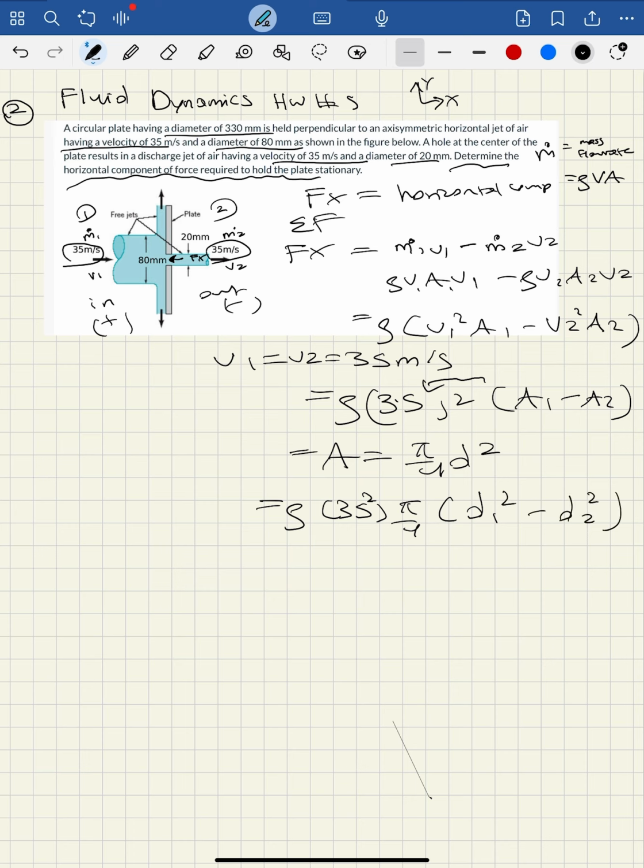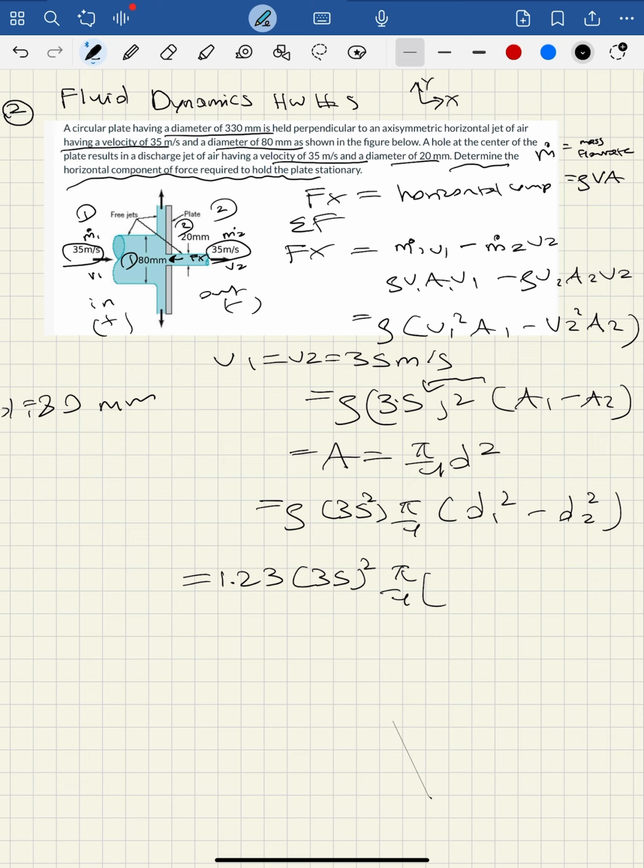So now I'm going to just go ahead and plug in all of the values. So our density for this one is going to be 1.23. Diameter 1, remember we were given that to be, let's go back here. Diameter 1, this is going to be our diameter 2. So in this case, we are given diameter 1 to be 80 millimeters.